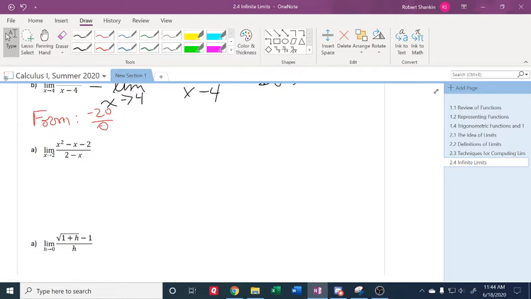And this OneNote kind of works much like Microsoft Word, except it wouldn't let me change these A's back to B's, so it doesn't have quite the functionality of Microsoft Word.